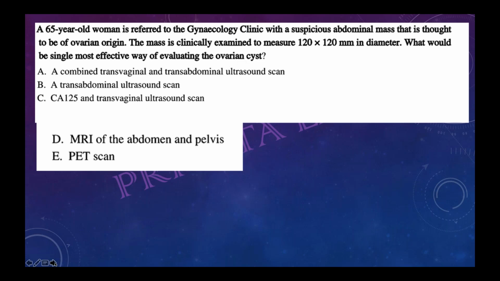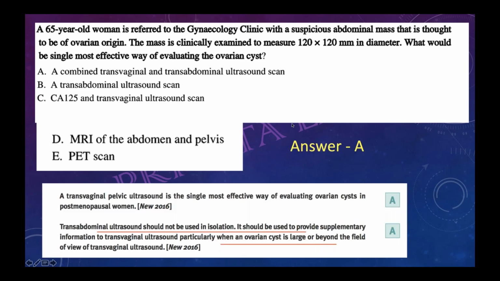Both. Now you see this is the line from the guideline. Transabdominal should not be used in isolation. It should be used to provide supplementary information to TVS, especially when the cyst is large or beyond the field of view of the transvaginal ultrasound scan.